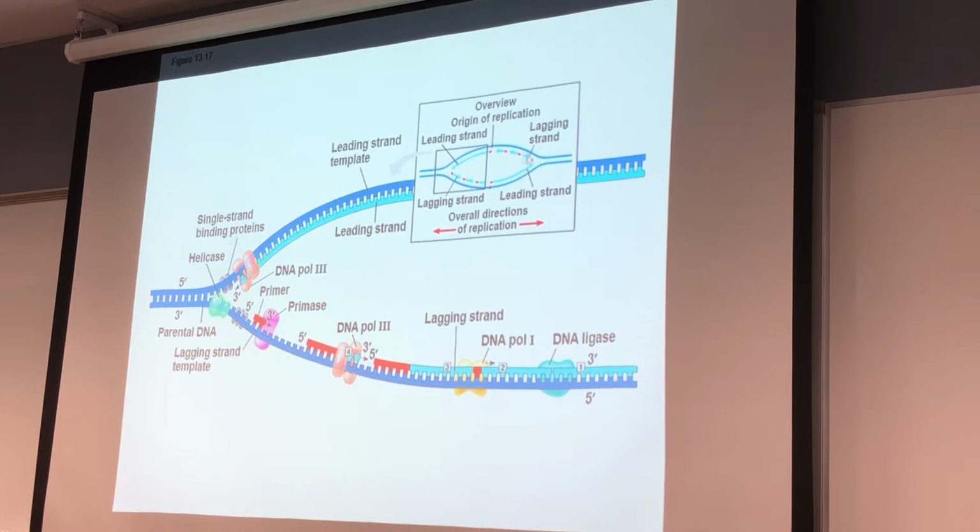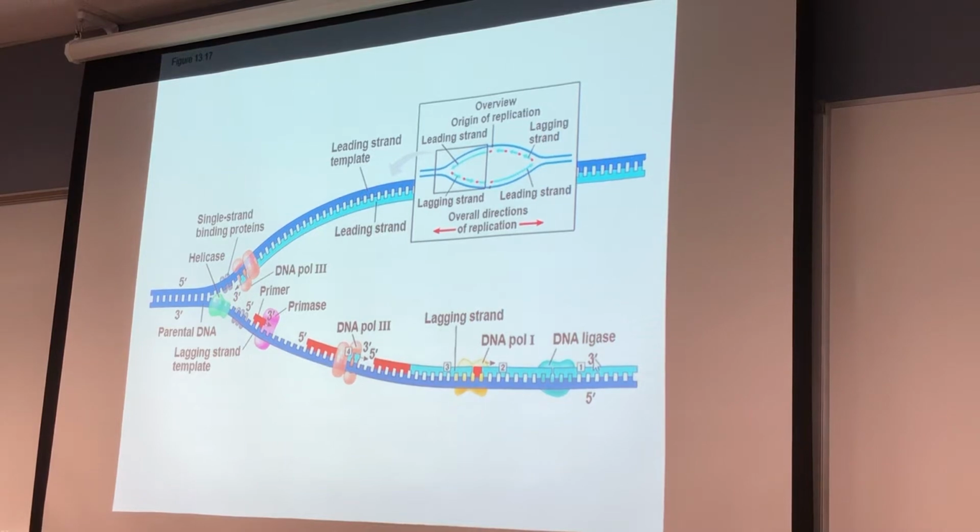After half of this replication fork, it is the opposite. Once it opens, this one is 5', that's a 3'. Here is 5', 3'. So it doesn't become, it just is. It's just based on the orientation. It's not that it changes, but it's on the other side of the replication fork.